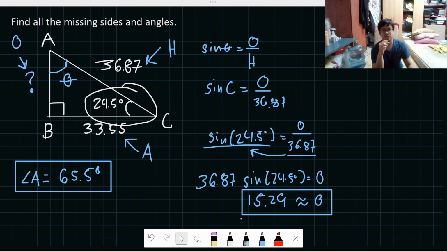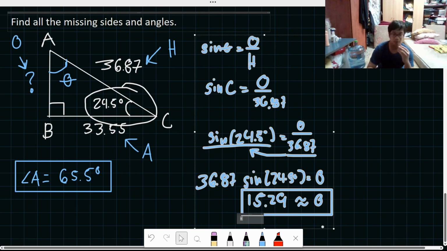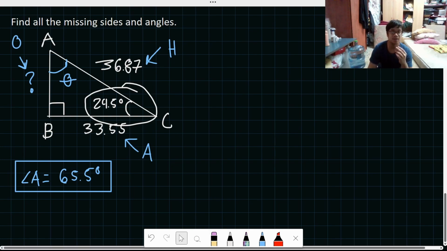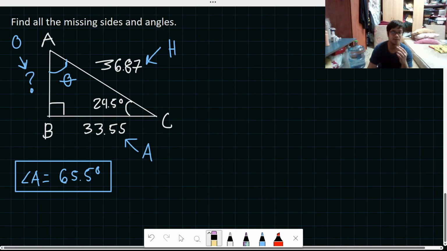Now let's try to apply the second method. So in here, remember that in the second method, all we need to do is we just simply find the horizontal and vertical component of your diagonal line. So let's take a look at this problem. Wait. Let me just erase this.